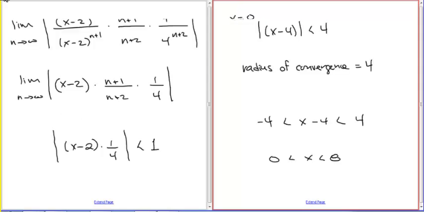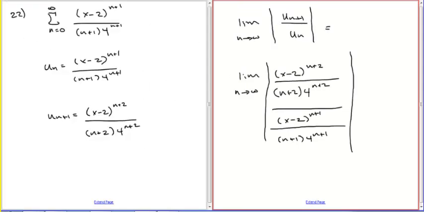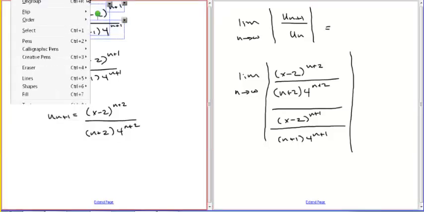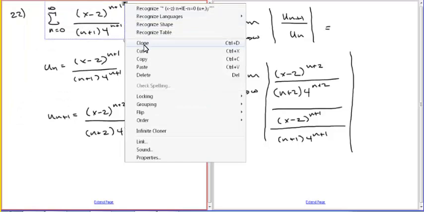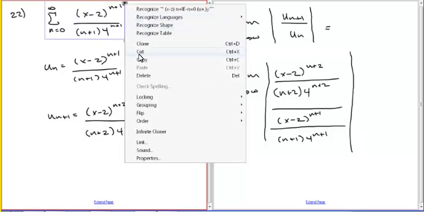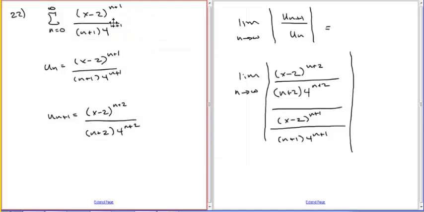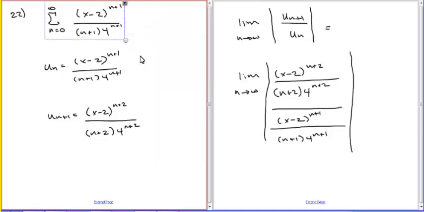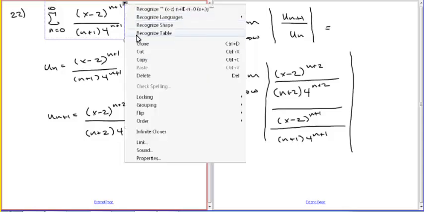So I go back to my original series here. Actually, let's undo that. Let's copy that, not clone it. Okay, let's try it again. Yeah, it's not showing up here. Copy. Okay, well maybe I will clone it and just drag it.